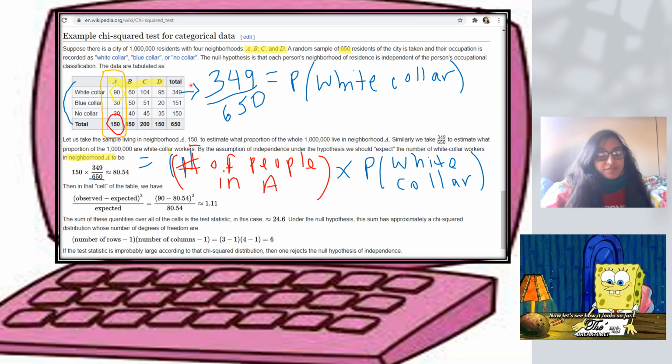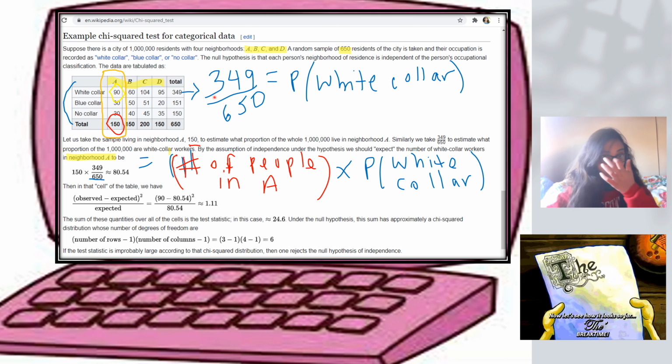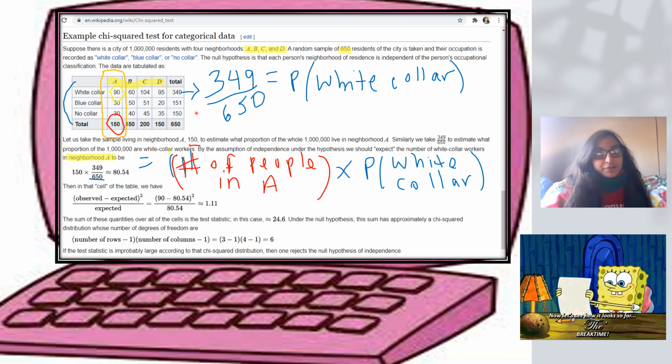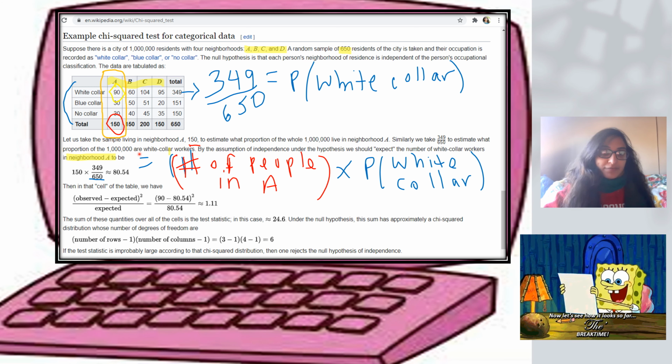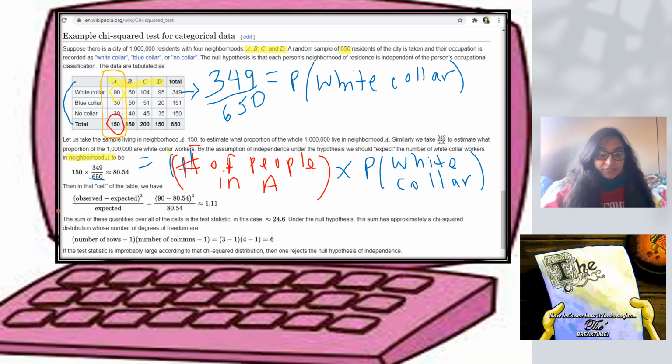Out of all these 650 people, we have 349 who are white collars, 151 who are blue collars, and 150 who are no collars. So 349 out of them will be white collars. That's what we would expect. If we multiply them together, we would expect about 80.54 individuals living in population A to be white collar.